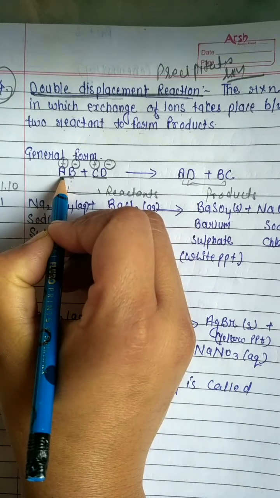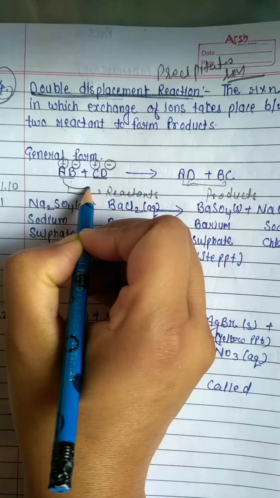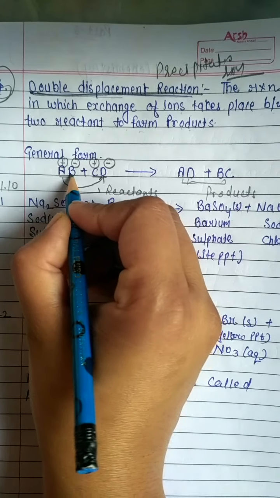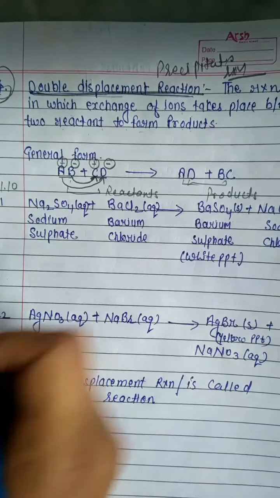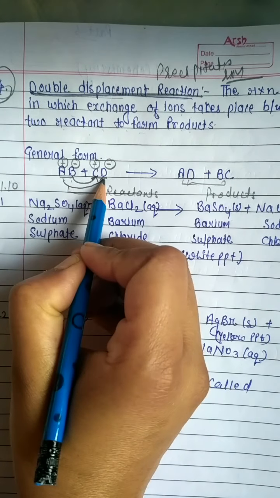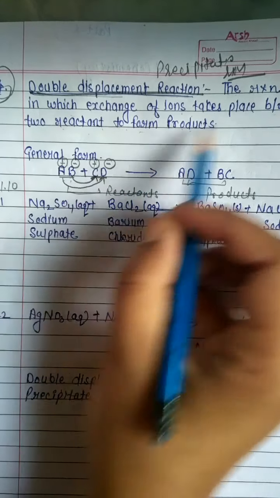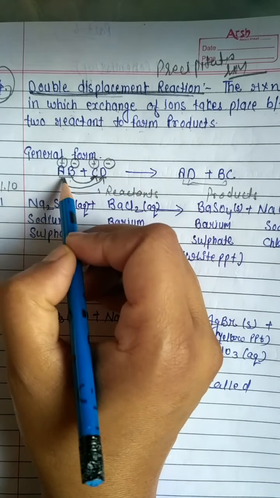Always, the positive of A moves towards the negative, and the negative of B moves toward the positive. Positive moves toward the negative and negative moves toward the positive. We can say that this is the direction in which ions are exchanged.